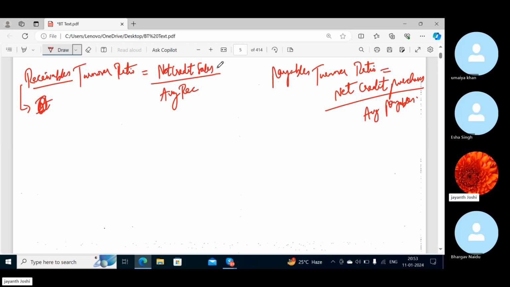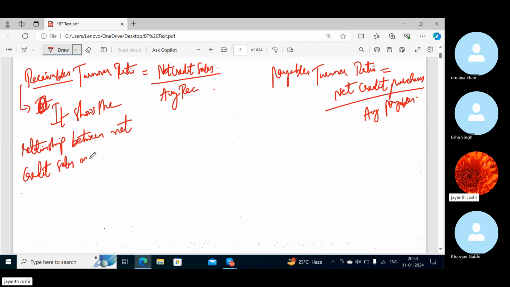It shows the relationship between net credit sales and average receivables. And what does the other show? It shows the relationship between net credit purchases and average payables.